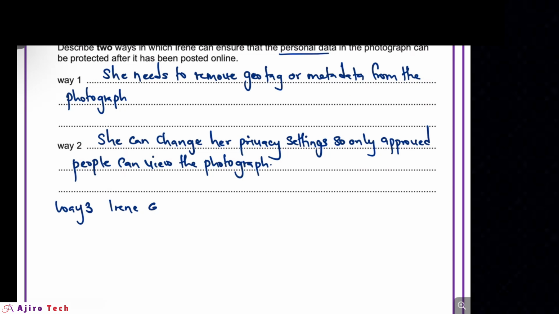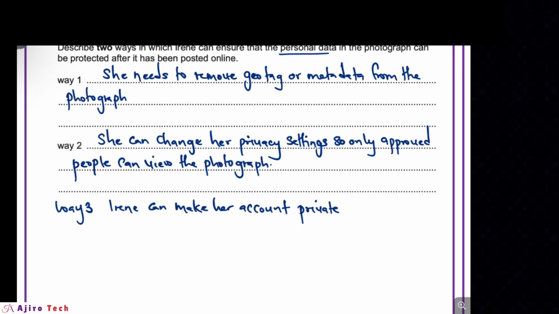Irene can make her account private, so it prevents strangers from even viewing the image. She can also obscure places if she's taking the photograph somewhere that has a banner or a restaurant. There are features that allow you to remove those locations.